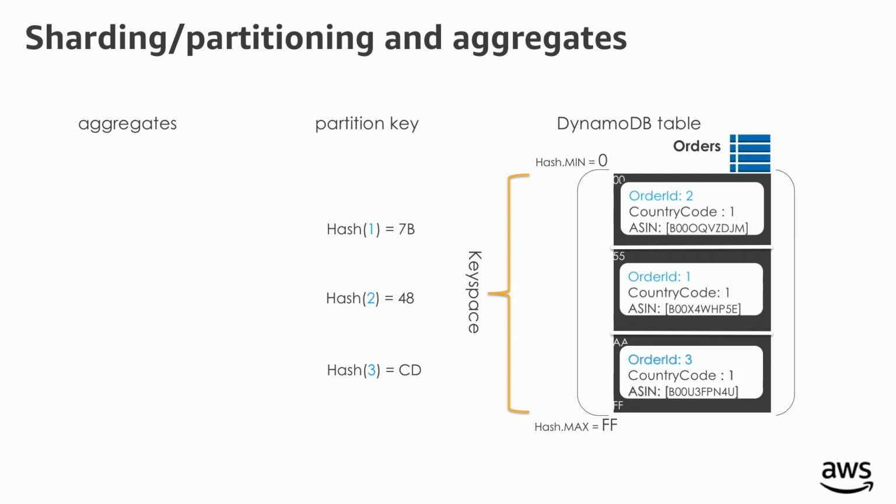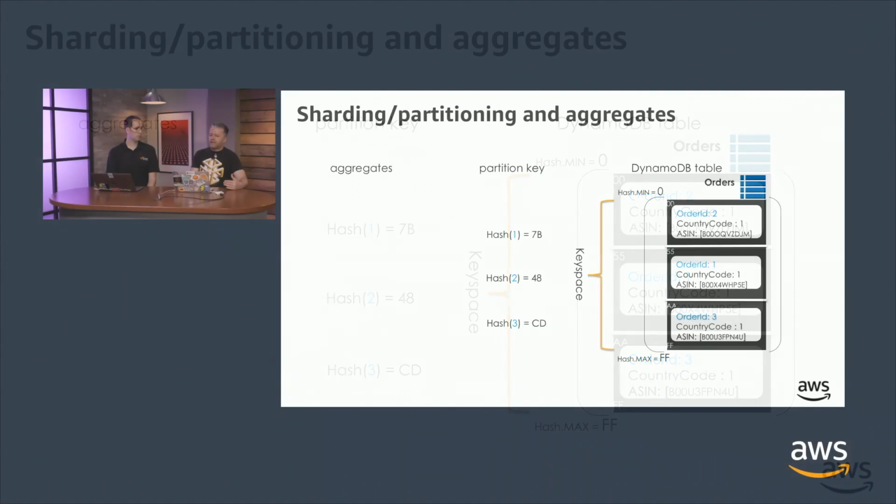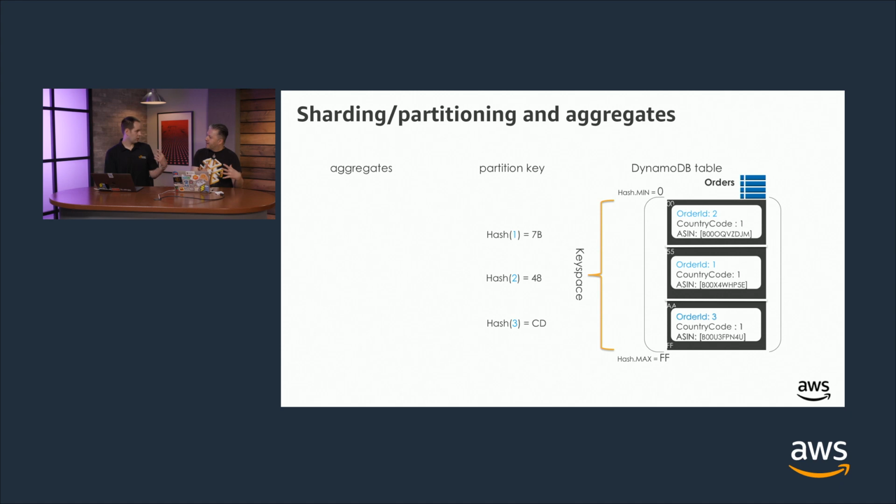DynamoDB is really good at it, but you do have to do a little bit of work in selecting that partition key, sacrificing a little bit of flexibility up front. Right, exactly. And being aware of what your aggregates are. What are these data structures that we need to read and write together as a unit?